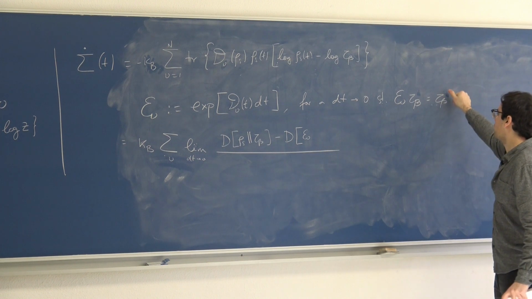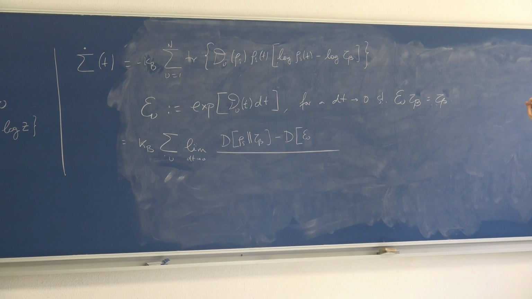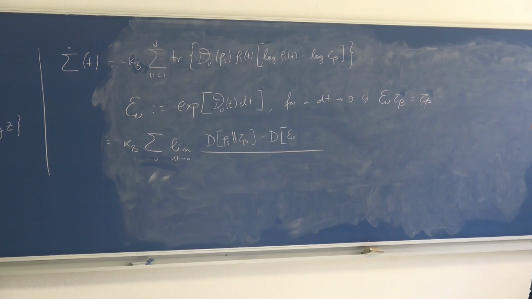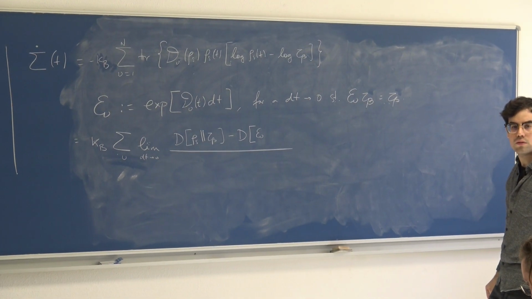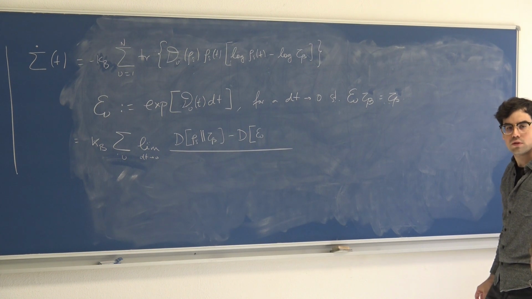Now, my question before: if epsilon mu are different channels, how can it be that the thermal state is an eigenstate of different channels at different temperatures? Is it because the differential of theta is very small, or is it for other reasons? I really don't know.